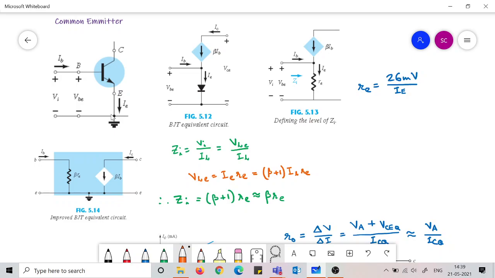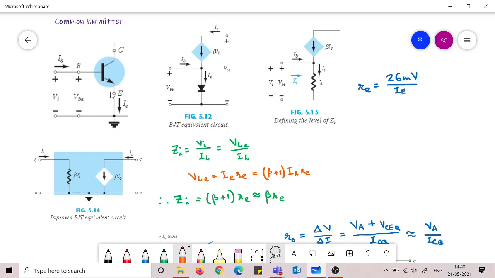The emitter is connected to the ground. Base current is flowing here in this base terminal. A collector current of course is flowing, that's giving rise to the emitter current. But now we have to understand what is happening in this part of the circuit and in this part of the circuit. So this is the input circuit.